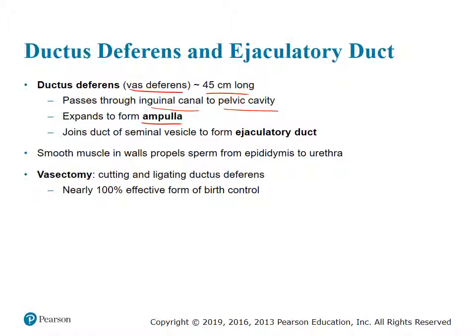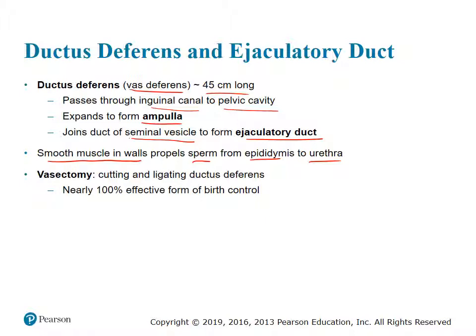At that point it joins with the seminal vesicle, and that becomes the ejaculatory duct. Okay, so right at the ampulla where the seminal vesicle meets, after that point we call it the ejaculatory duct. Again, the walls of the ductus deferens are made up of smooth muscle, and that smooth muscle contracts and pushes the sperm from the epididymis to the urethra, right?